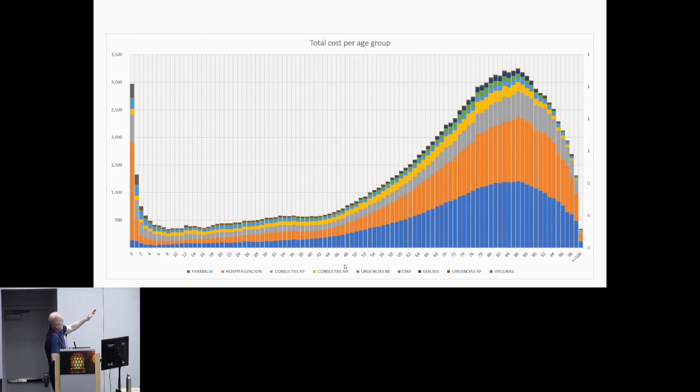So what we have is an increase in medication and in hospitalization, which is a lot of cost. But you see, obviously in the beginning the kids are very expensive, you all know. But for the rest, primary care, urgencies, etc., in which you leave your data, it is more or less the same usage.